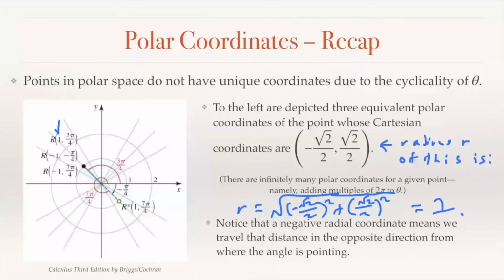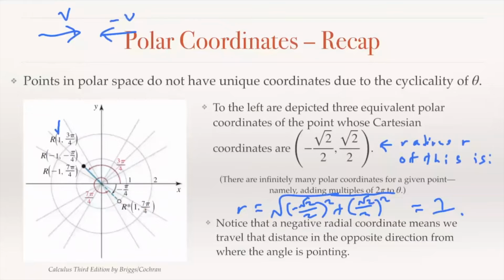Just like given a vector v facing this way, negative v would be facing in the opposite direction. So negative 1 comma negative pi over 4 gets us to the same point. And these other two illustrate that if we add 2 pi, we make a full cycle and get back to where we began.